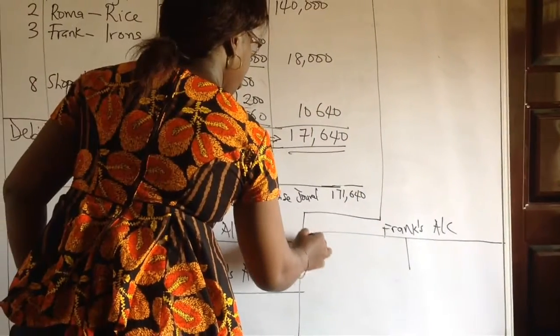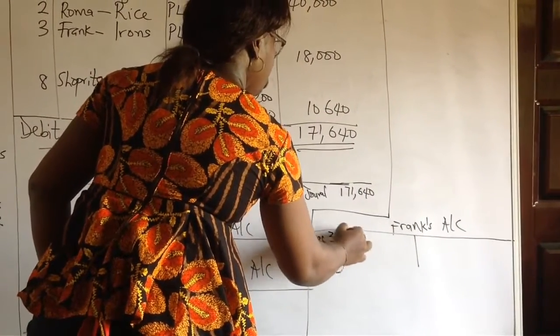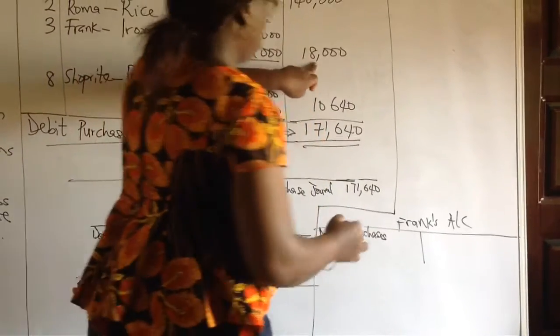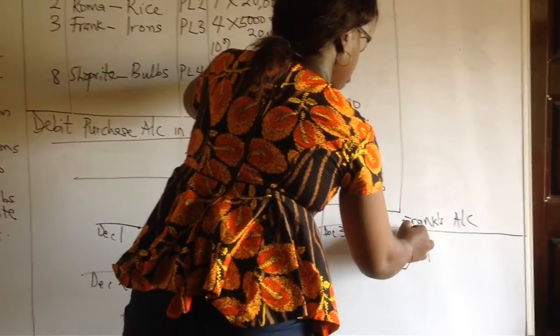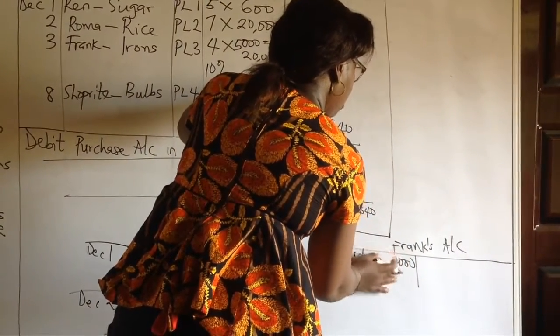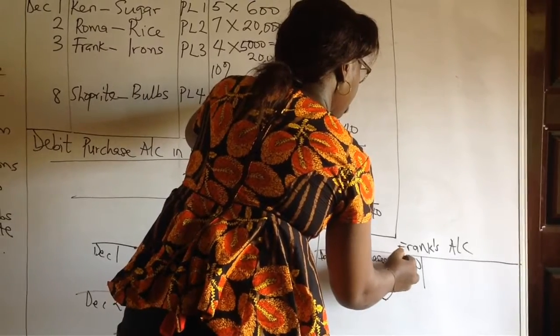Date December 3rd, purchases. The amount is 18,000 naira. So it's the 18,000 naira you drop and not the 20,000 naira.